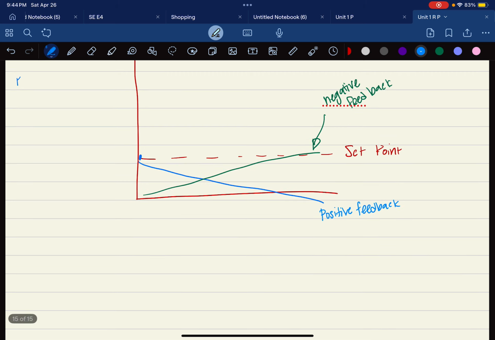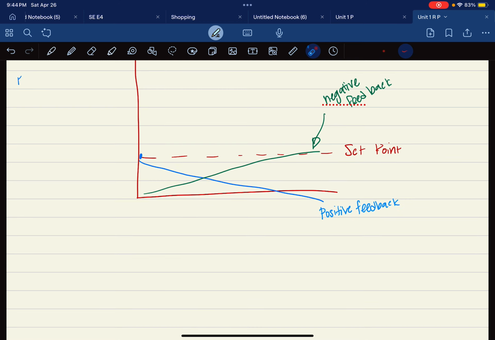So negative feedback goes towards set point, which is the desired place that we want to be. That positive goes away from set point. So if we put on a jacket, we go to set point. If we don't, we go away from set point.